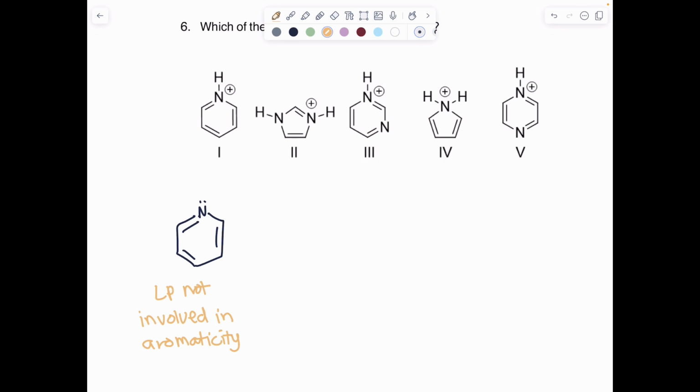For this next one, when it comes to acidity, we're going to deprotonate from the positive charge first, typically.